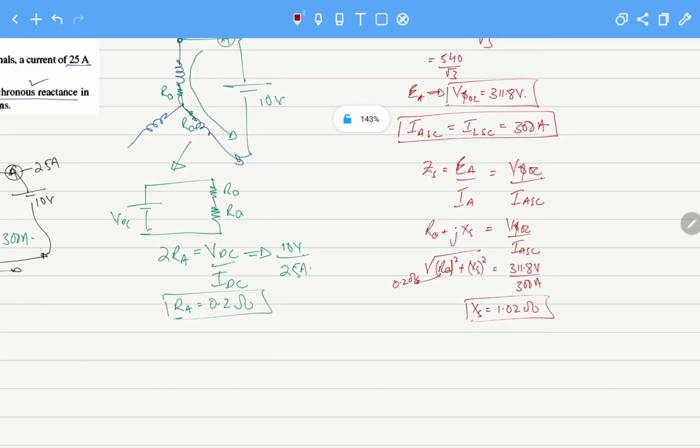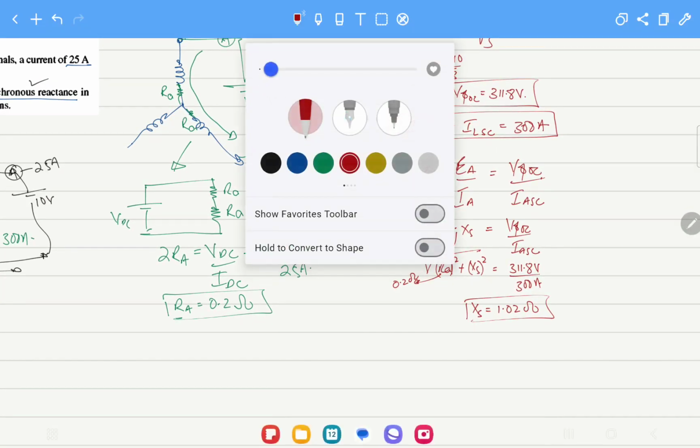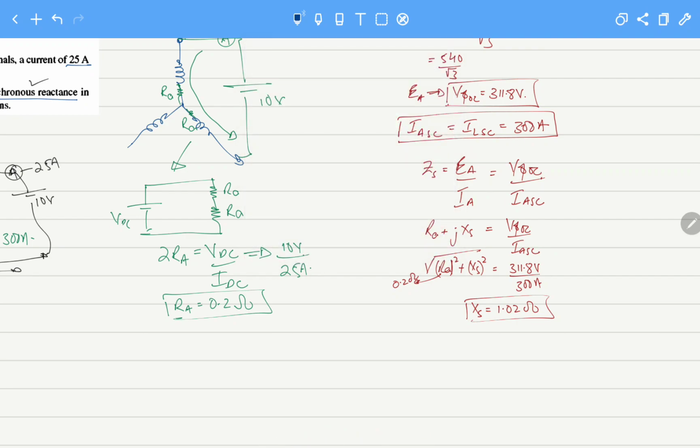As during the class it was also pointed out while we were studying this, there is also a direct formula to calculate XS when we have the open circuit voltage and the short circuit current. If we have these, we can directly calculate XS.